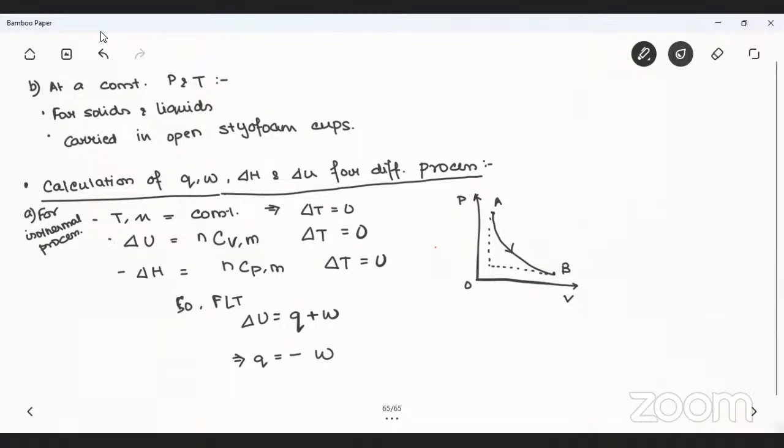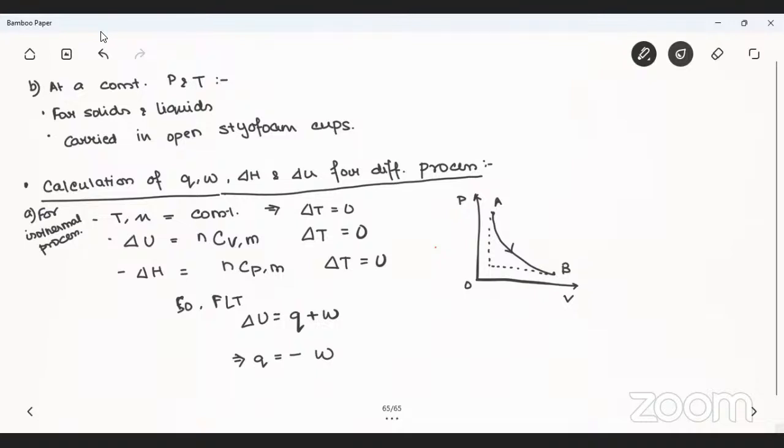I told you that we will be learning about the calculation of these four terms for different processes. And we started with the isothermal process. For an isothermal process, temperature is constant, delta U is 0 and delta H, which is the enthalpy change, also becomes 0.